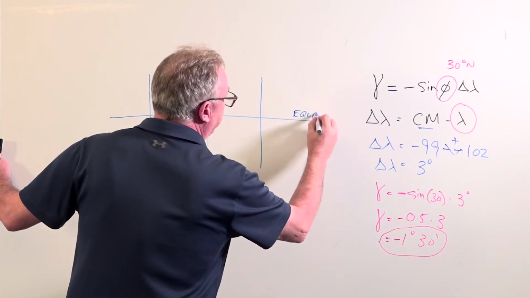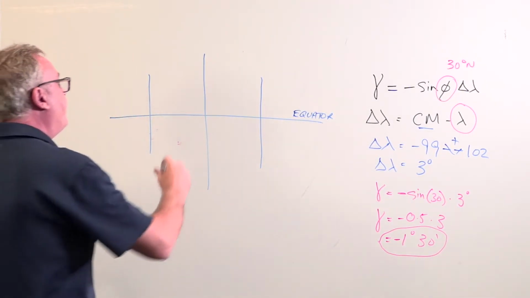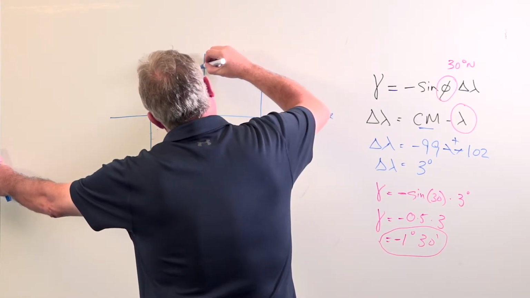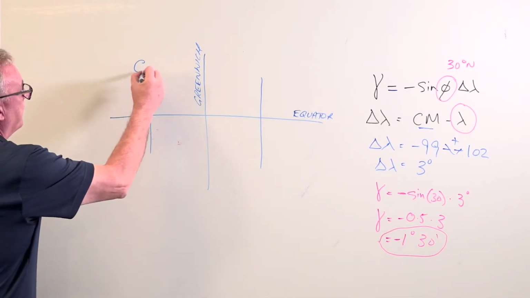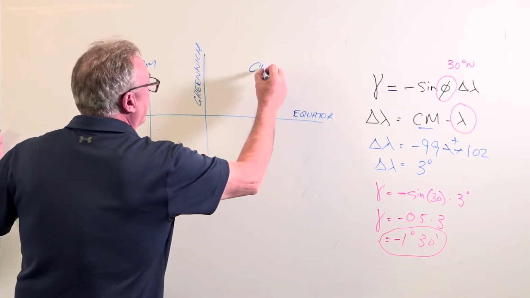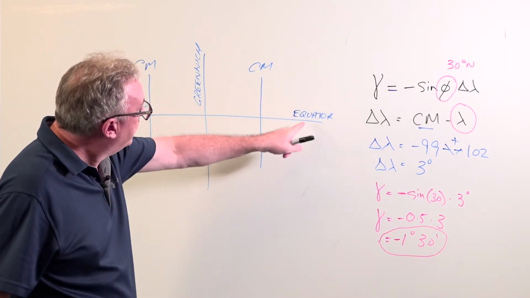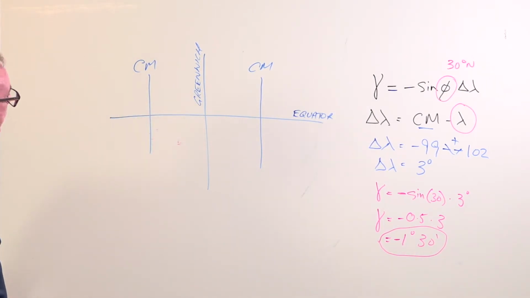So let me start by describing that horizontal line there as my equator. I'm going to describe this first vertical line here as my longitude of Greenwich, and then the two other vertical lines will be the value of the central meridian, which is going to be in the eastern hemisphere north of the equator and in the western hemisphere north of the equator.